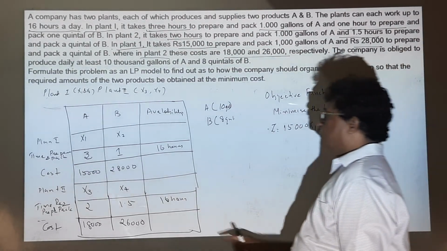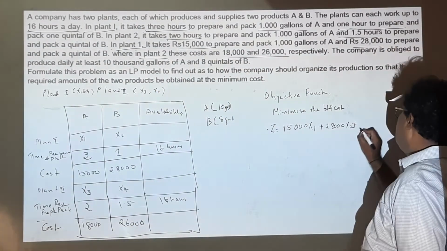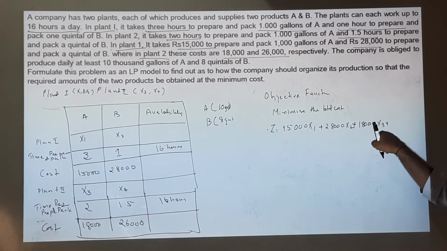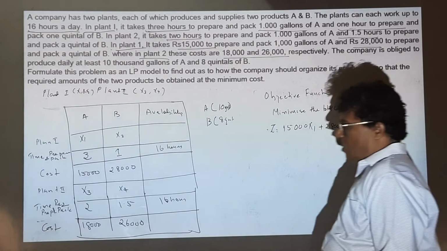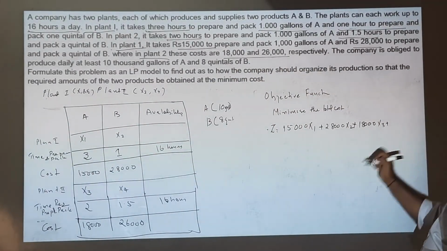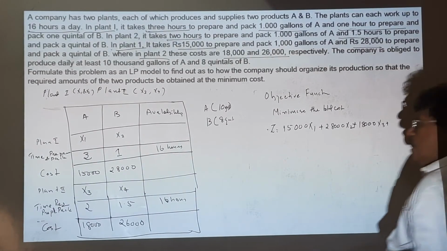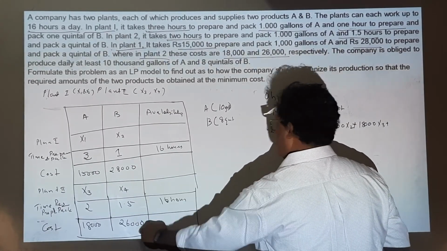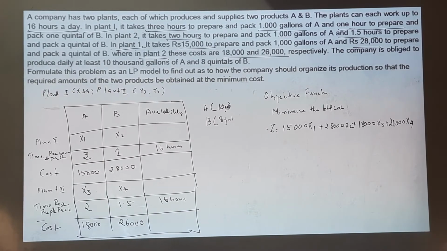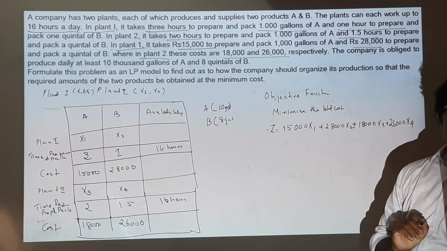Then next, you have 18,000 for 1 unit of A from plant 2, so for X3 units it is 18,000 into X3. And for X4 units of B, 26,000 into X4. So this is the objective function. We have covered both the plants and both the products.